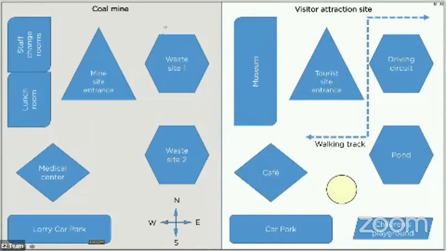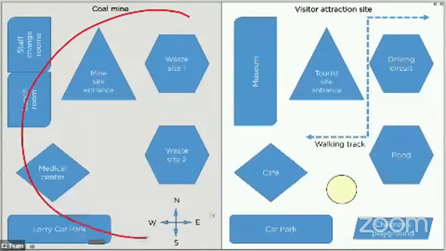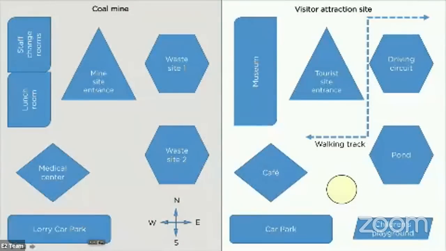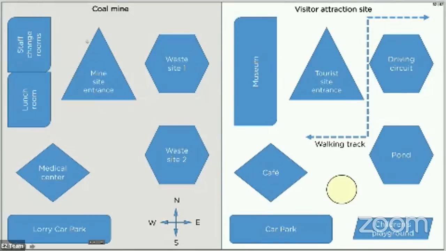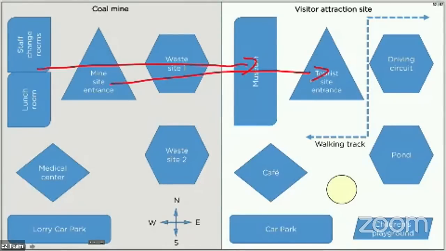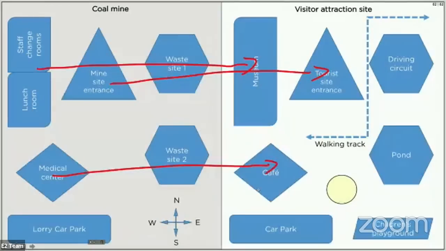Number one, I want you just to describe the key features of the coal mine using the compass, 2 or 3 sentences. Then I want you to talk about parts of the coal mine that were repurposed, okay? So this and this were repurposed.